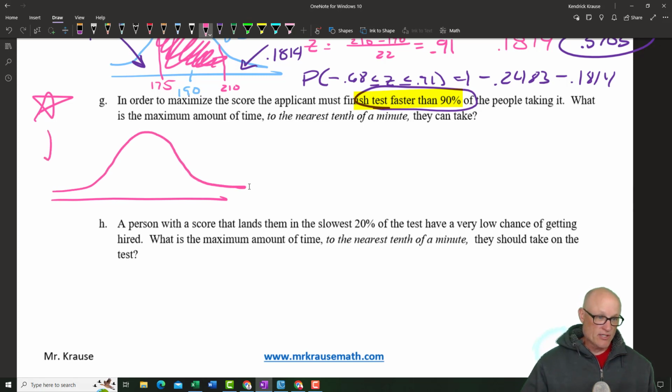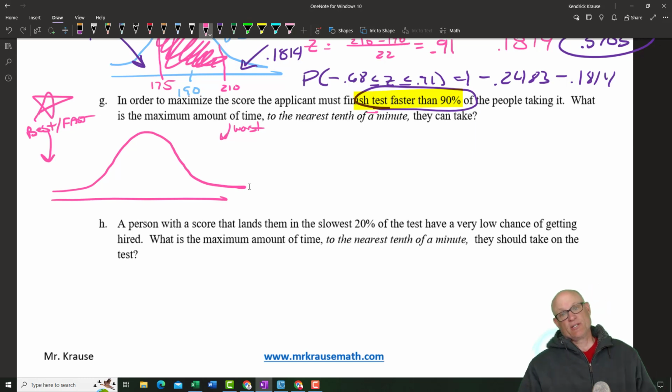Because it is a race, this end is the best or the fastest, and this end is the worst or the slowest. So if I need to finish the test faster than 90% of the people taking the test.